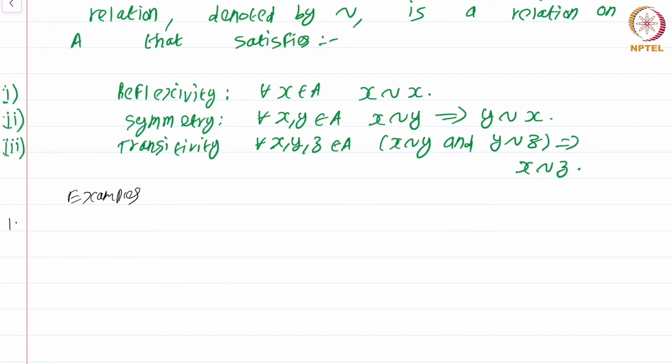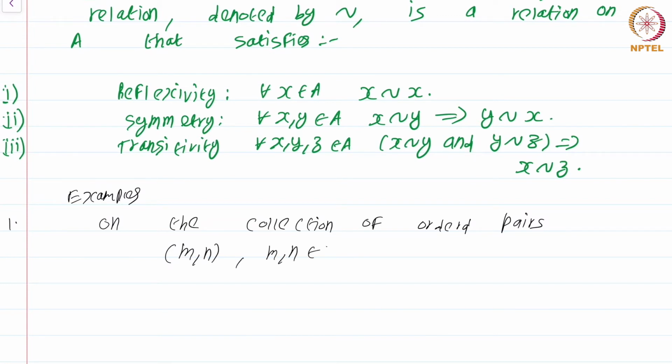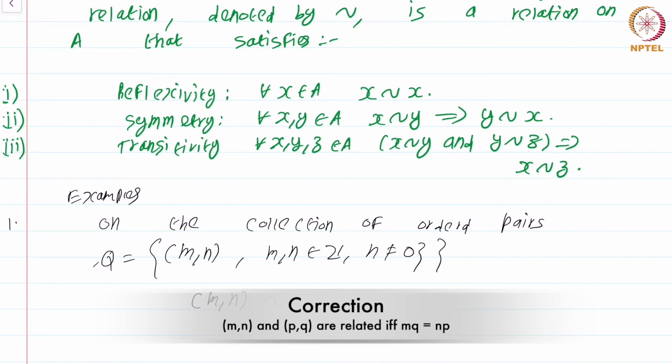On the collection of ordered pairs m comma n in Z, n not equal to 0, which is what we call Q, define an equivalence relation that says m comma n is related to p comma q if and only if mq is equal to np.